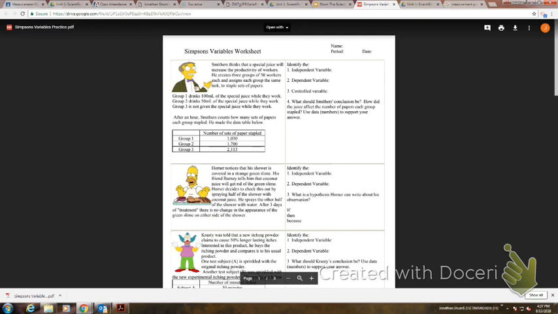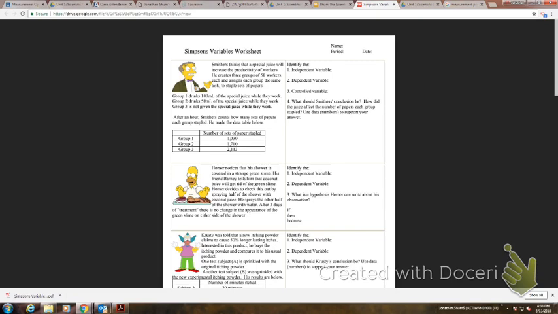He creates 3 groups of 50 workers each and assigns each group the same task, to staple sets of papers. So group 1 drinks 100 milliliters of the special juice, group 2 drinks 50 milliliters of the special juice, and then group 3 is not given the special juice while they work. Okay? All right, after an hour, Smithers counts how many sets of papers each group stapled.